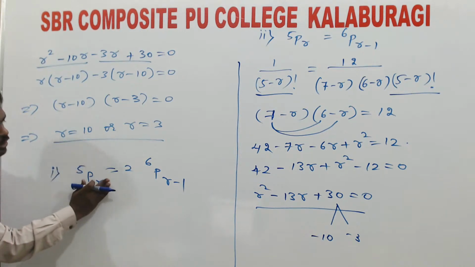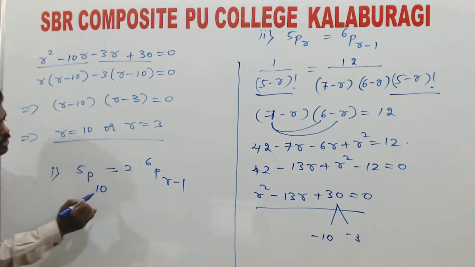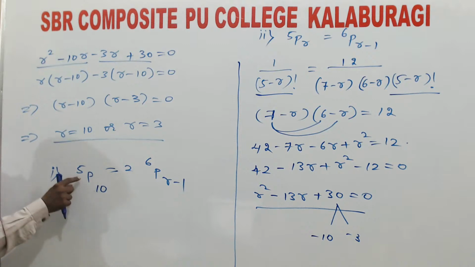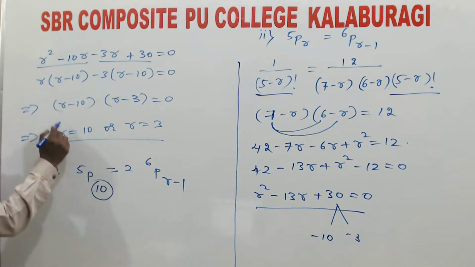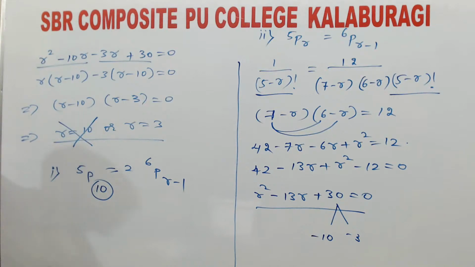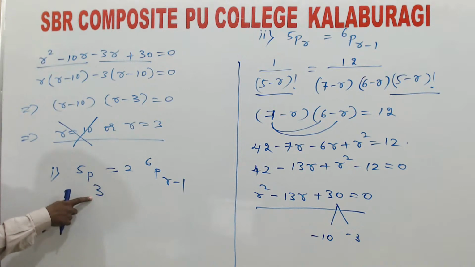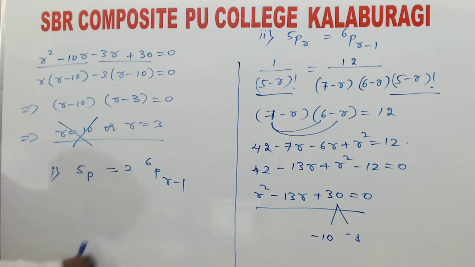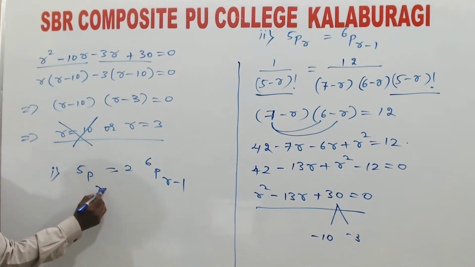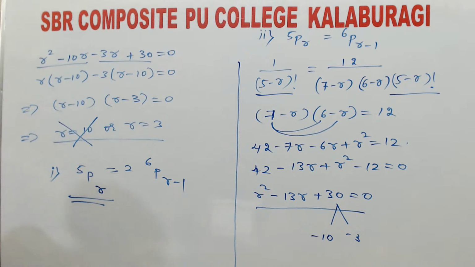If you take r to be 10, then out of 5 objects, how can you arrange 10 objects? This is totally meaningless. So the answer has to be 3. Now easily you can understand that out of 5 objects, you can arrange 3 objects. So this was the solution of the 7th question, first bit.